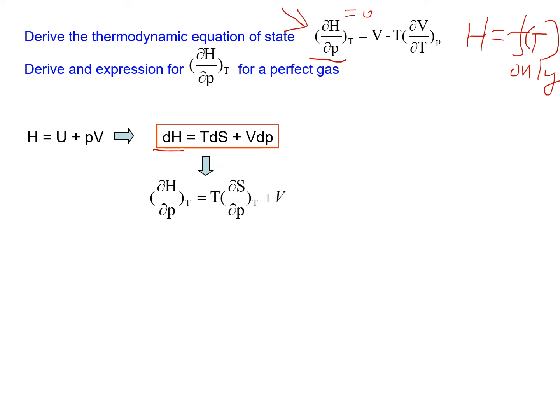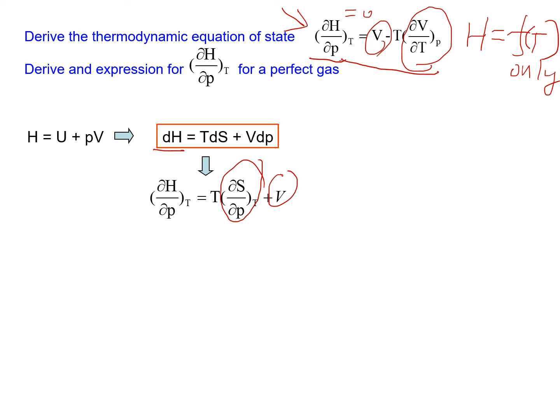Okay, so you have this equation. Now if you compare it to the equation we want, you see the volume is already there. But the partial derivative here is volume over temperature, and here it is entropy over pressure at constant temperature.